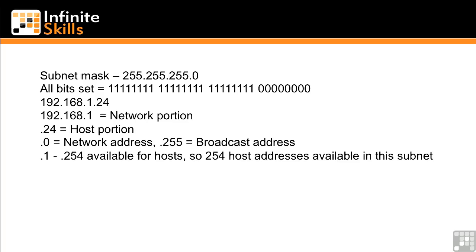So in this particular subnet that we're talking about here, with a subnet mask of 255.255.255.0, we've got 0 as the network, 255 as the broadcast. That leaves us .1 through .254 available for hosts. So we can have 254 host addresses in this particular subnet.